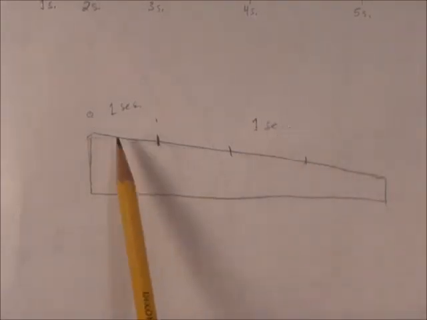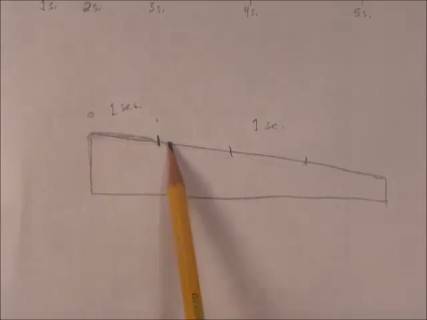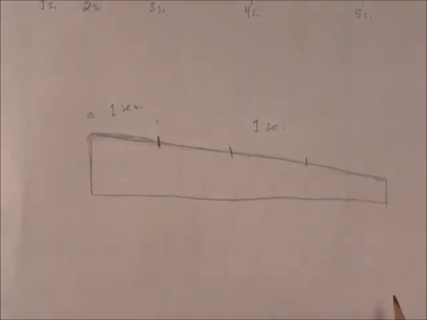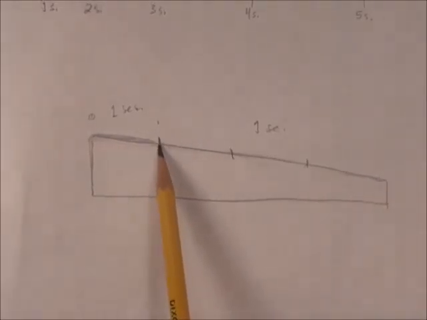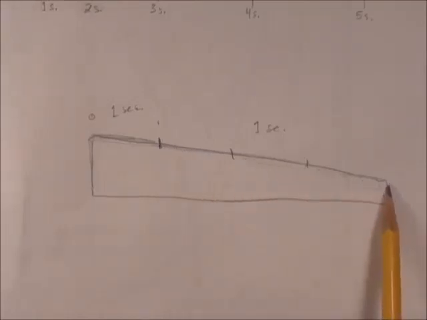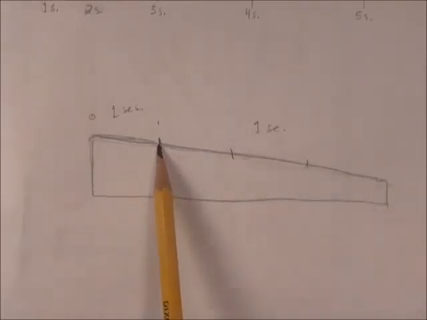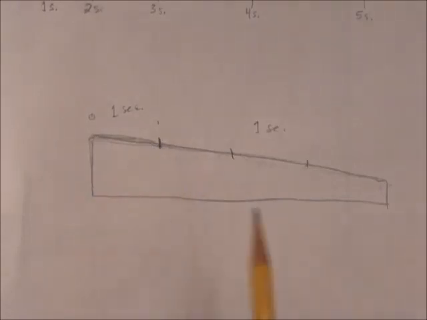So if this took 1 second, this would take 1 second. This is very surprising. How could it cover 3/4 of the ramp in the same time that it took to do 1/4 of the ramp?